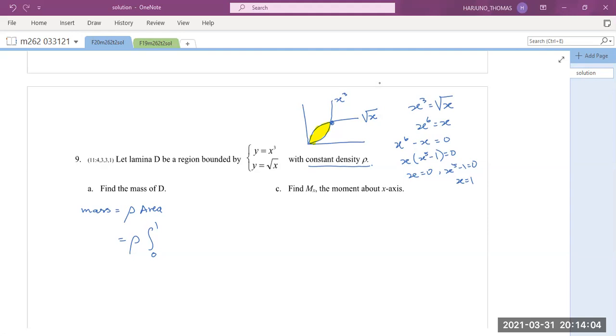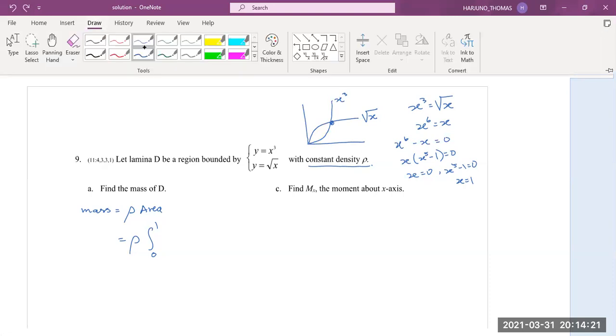In calculus 3, your rho will be a function of x and y. If that's the situation, then you cannot pull it out like what I did here. But in this case, it's constant, it's independent of any variable.